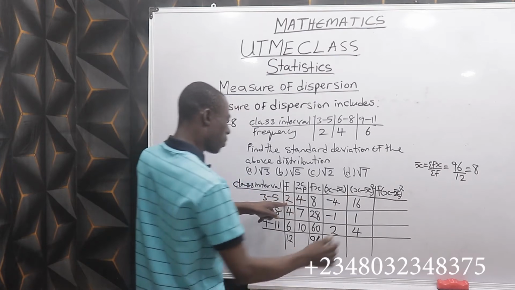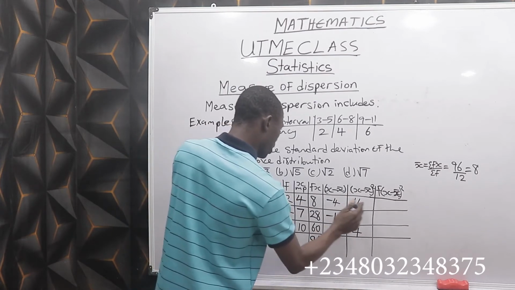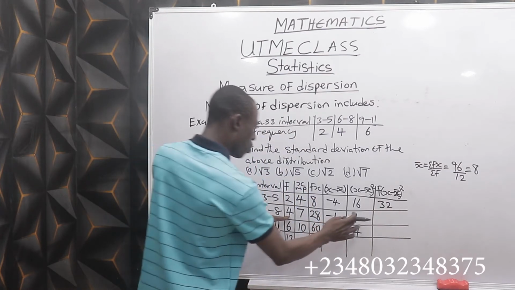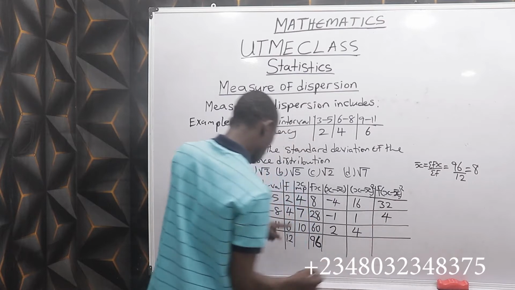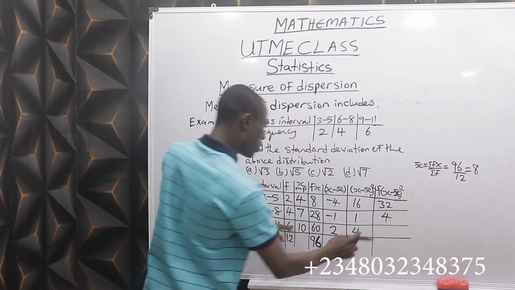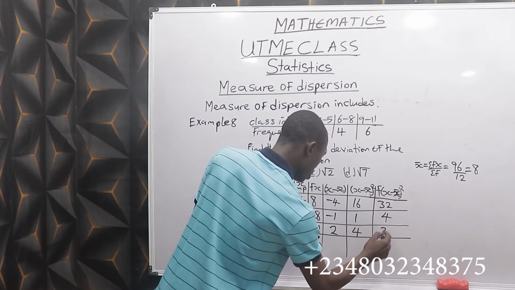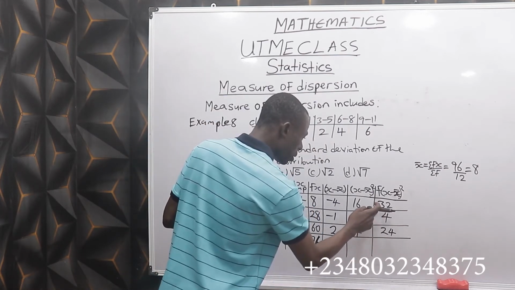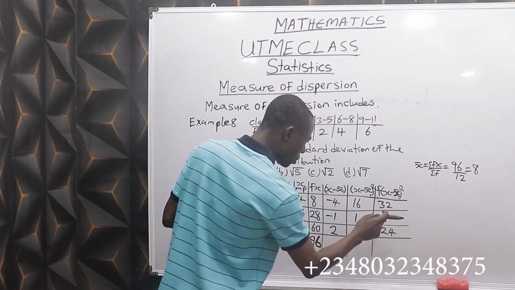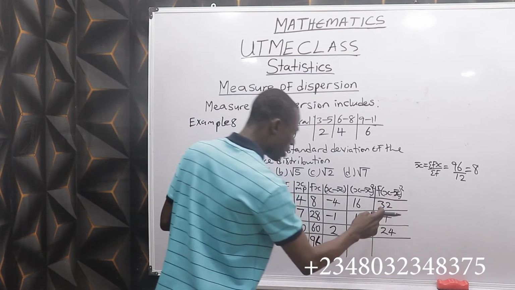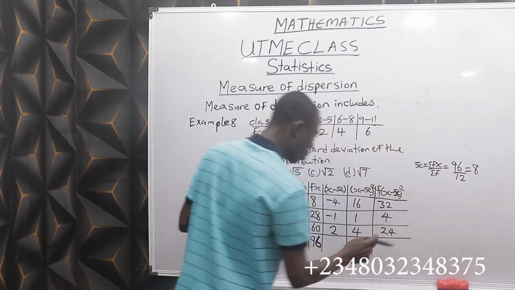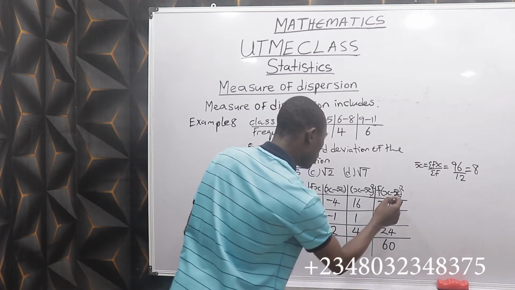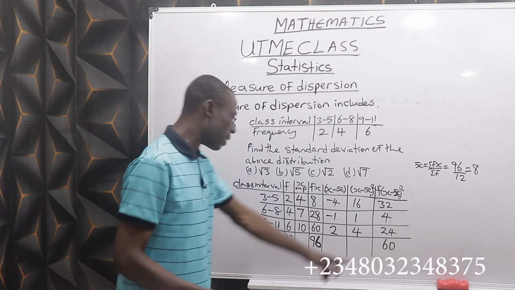Frequency 2 times the square of the deviation. 2 times 16 is 32. 4 times 1 is 4. 6 times 4, that is 24. 32 plus 4, that is 36. 36 plus 24, that is 60. So, summation f into x minus x bar square is 60.